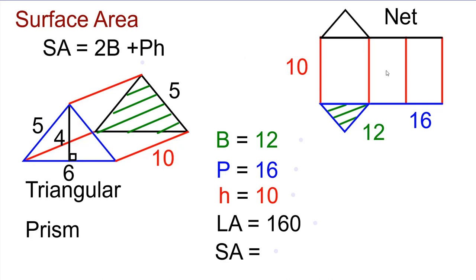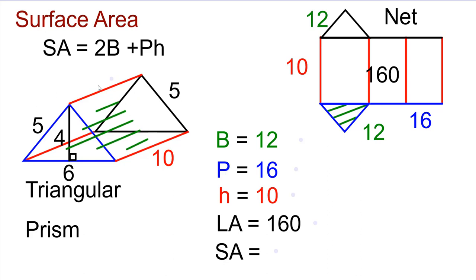So if this whole thing here was 160, that's our lateral area, which is the rectangles going around the bases. Then we add the 12 on the bottom, and we also have 12 on the top, right? Because it's the same area for the base of 12 on the front face as it is on the back face here. So we have 12 and 12, which is 24, plus 160 is going to be 184.